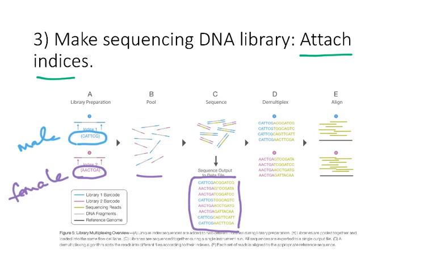We don't know which sequences came from which original sample until we do that demultiplexing step, where now we can pull out all of the samples that had index 1, all of the samples that had index 2. So that's why this step of attaching indices is so crucial for making our sequencing library. It allows us at the end, when we've done all the sequencing, to sort all of our sequences to determine which sequences came from which of our sampling groups.